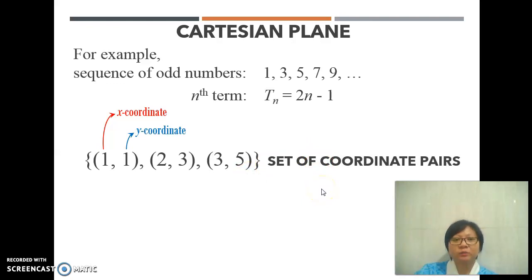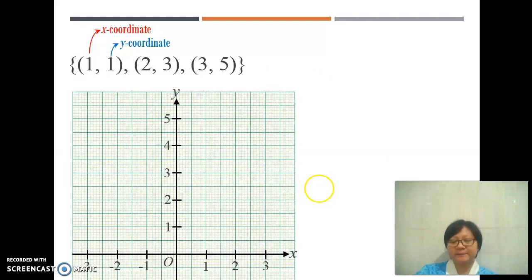We can use this to plot the graph, like this. This is the first quadrant, this is the second quadrant. When you plot the first pair, 1, 1, the x-coordinate movement is horizontal, one step to the right, and then the y-coordinate 1, positive, means climb up 1.